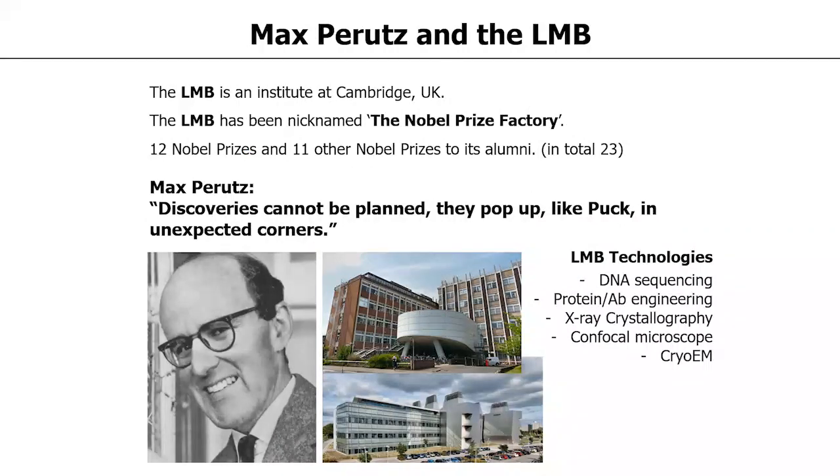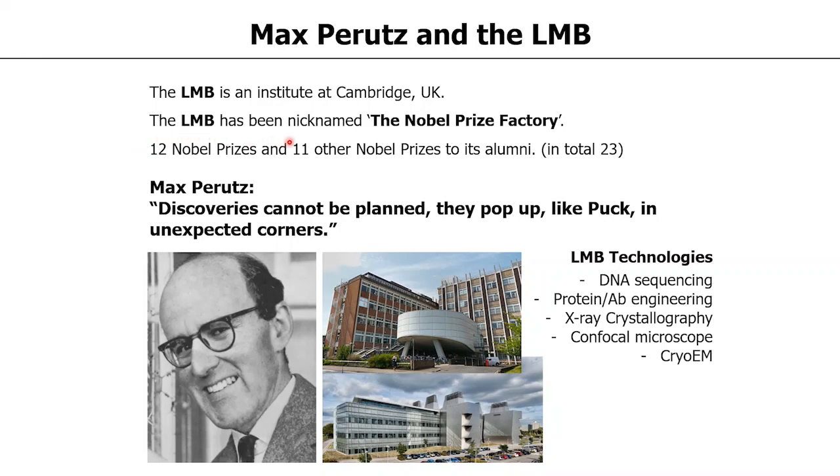Lately, we also know from the example of the LMB and its founding director, Max Perutz. As you may know, the LMB is an institute at Cambridge in the UK.